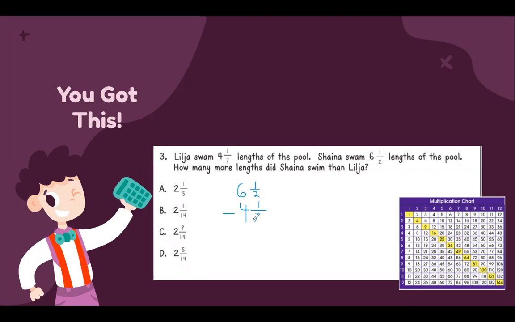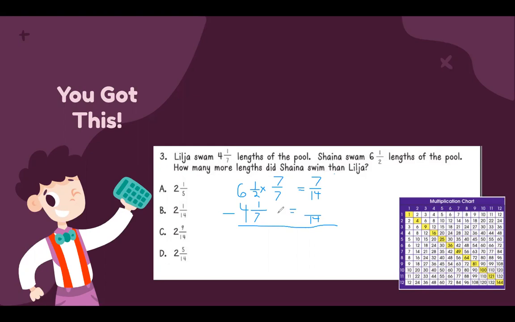Now you might be looking and saying, what's going to be my greatest common denominator between 2 and 7? Many of you might know already, it's going to be 14. So we're going to have to convert both of these fractions. You ask yourself, what times 2 gives you 14? 7/7. 1 times 7 is 7.